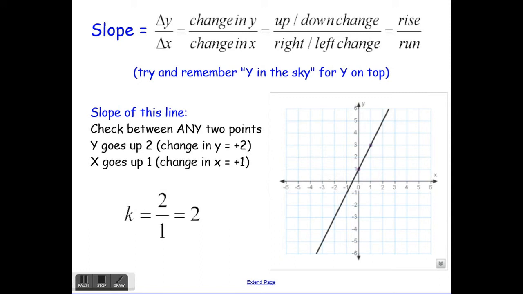So change in y over change in x, or up-down change versus right-left change, or my personal favorite, rise over run, because rise over run is a lot easier to remember, I think. So rise, basically how far up or down you go. Run, how far, in this case, to the right you go.